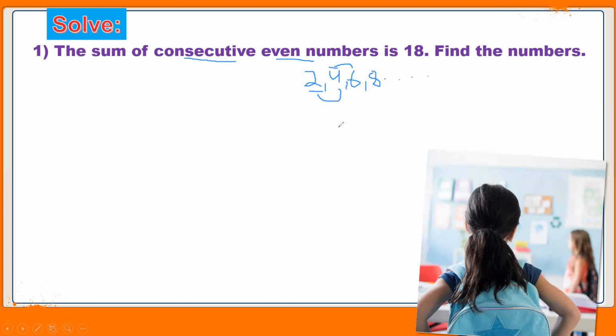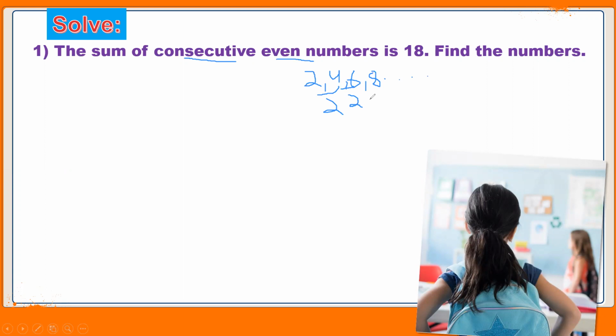Okay, so what you can see in these consecutive even numbers is that the difference is always 2. That means 4 minus 2 is 2, 6 minus 4 is 2, 8 minus 6 is 2, and so on.